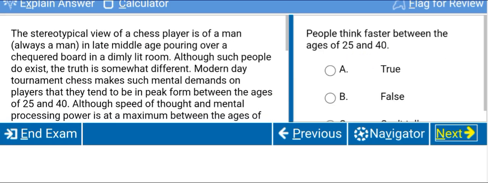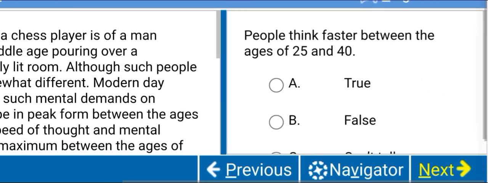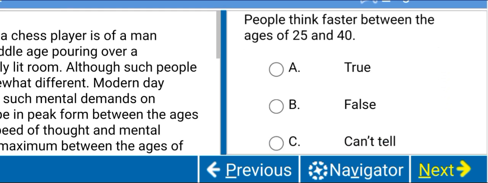Next we have question number 25. The people think faster between the ages of 25 and 40. Option A, true. Option B, false. Option C, can't tell.